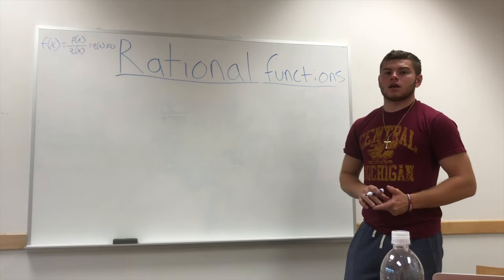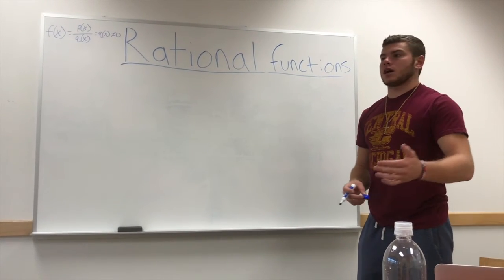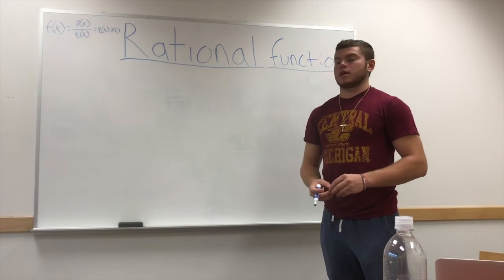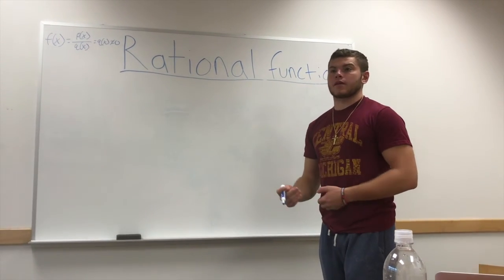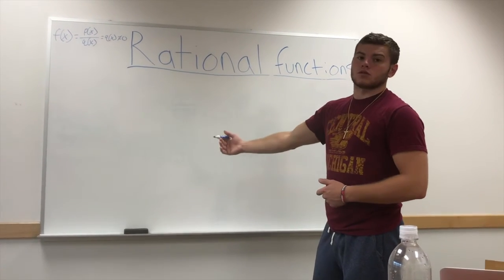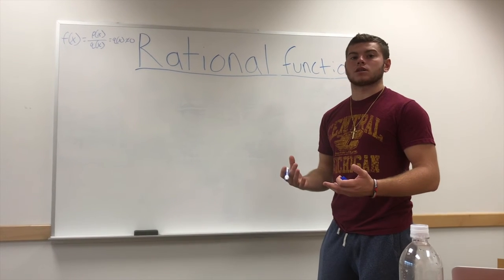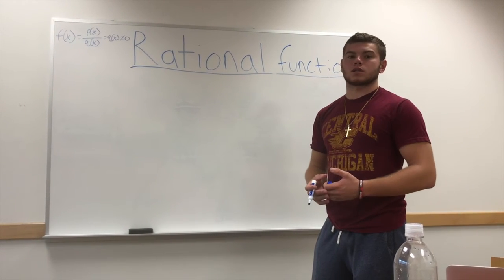In a business setting, maybe an employer would use a rational function to see how employee A and employee B can work together, how long it takes employee A to finish a task as opposed to employee B, and if they work together on one simple equation, how long it would actually take them to solve that.